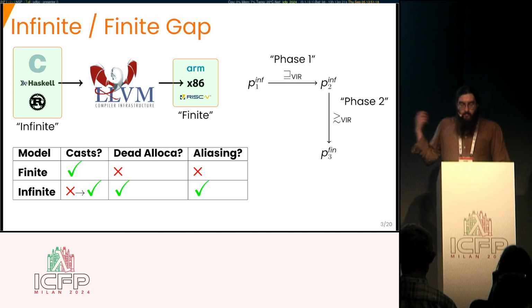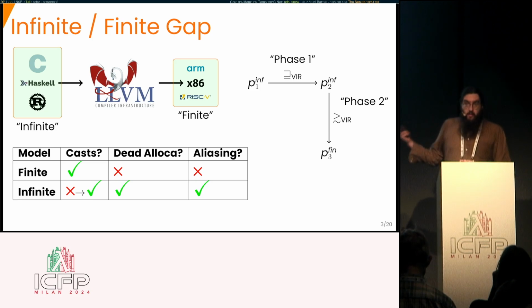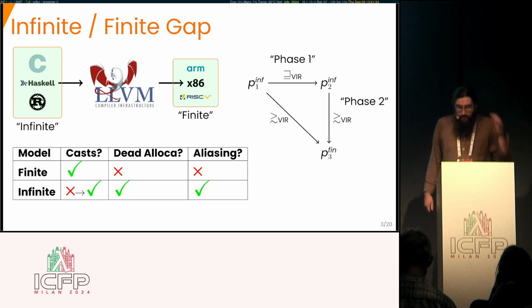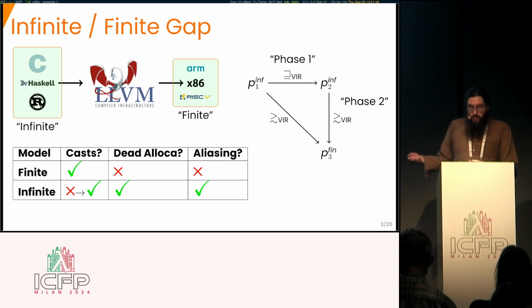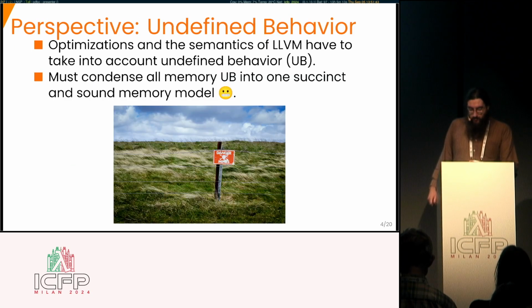After optimizing our program in infinite LLVM, we will safely lower our program to finite LLVM. Finite LLVM is less amenable to optimizations, but it better matches the semantics of assembly languages in the backend. This translation has also been verified to be correct, and you get a nice transitive property where the final finite program you get is a refinement of your original program in the infinite semantics.